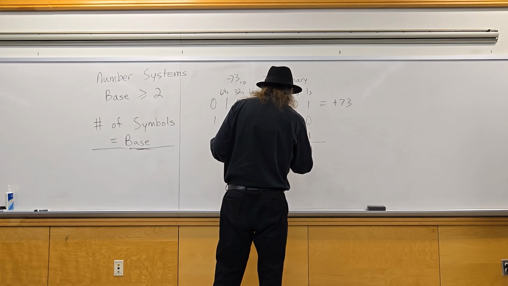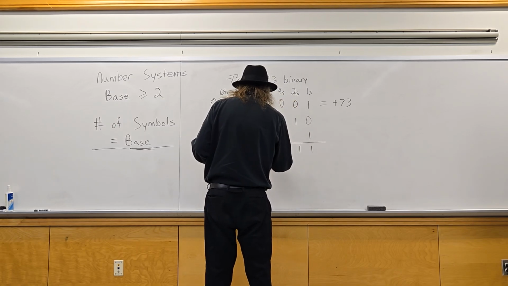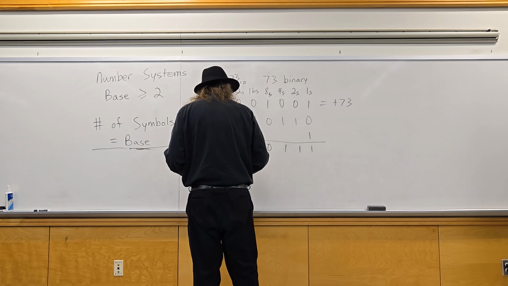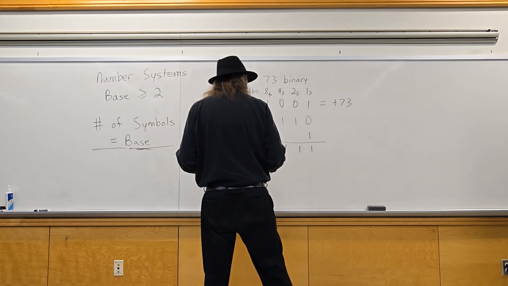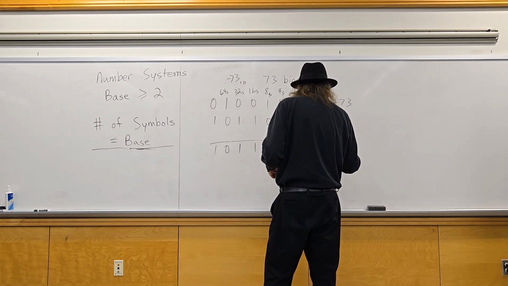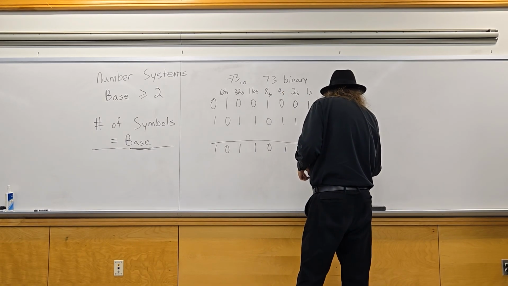You get 1, 1, 1, 0, 1, 1, 0, 1, and that is equal to negative 73.